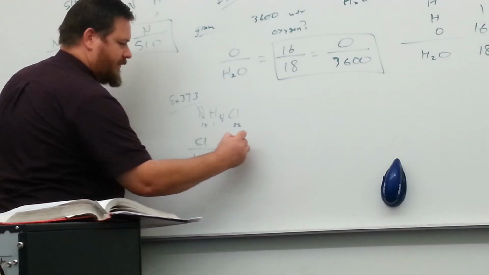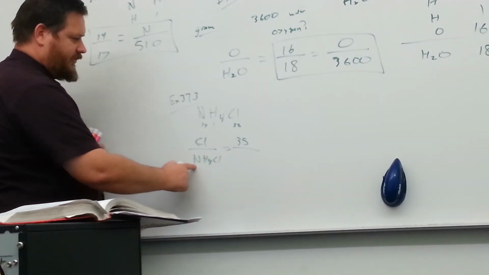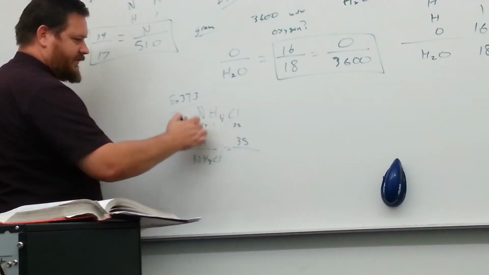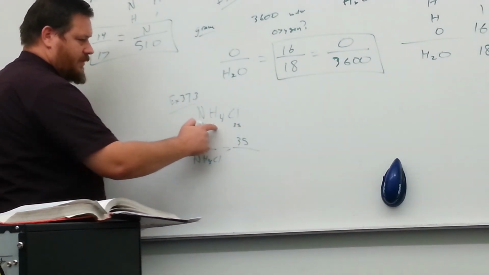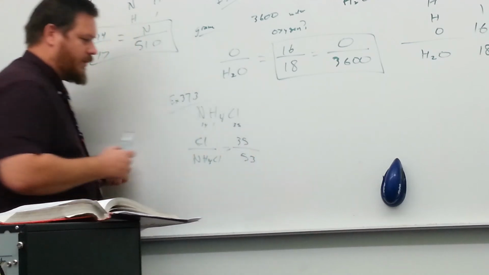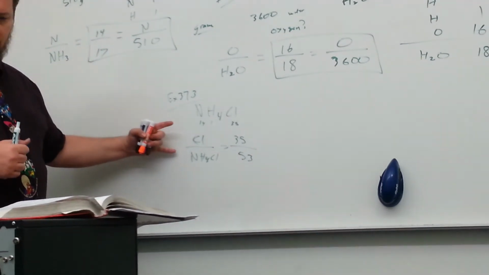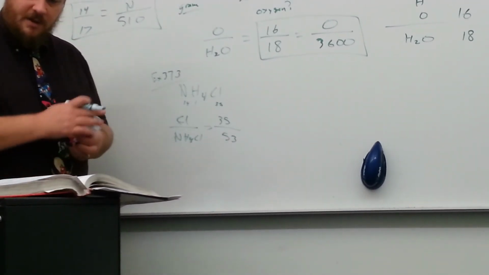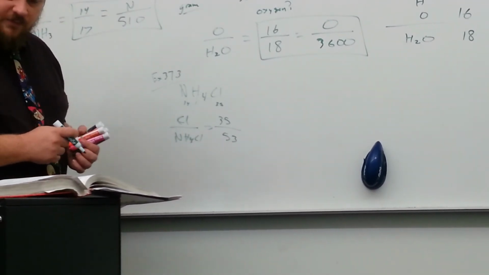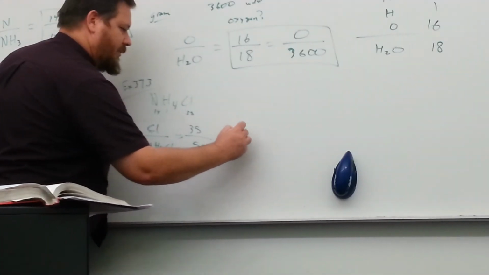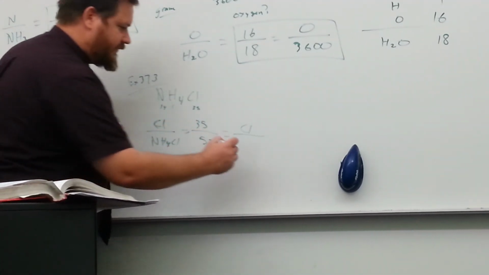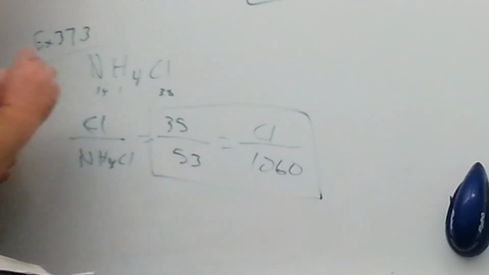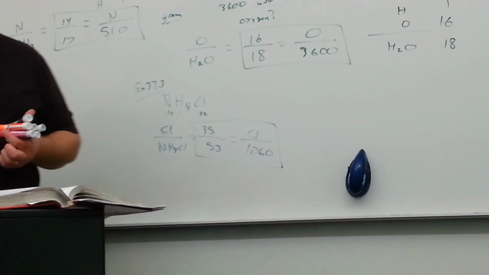So 1 nitrogen plus 4 hydrogens plus 1 chlorine, that's 35, plus 14 is 49, plus 4 more of these is 53. So the ratio of chlorine to ammonium chloride is 35 to 53. And the problem wants to know how much chlorine is in 1060 grams of ammonium chloride. So there's our proportion problem, cross multiply, divide, and don't forget the units.